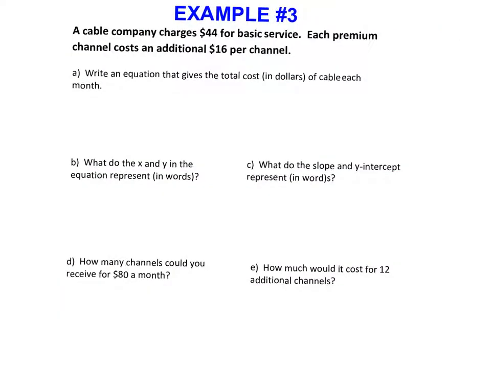Okay, so here in example 3, it says a cable company charges $44 for basic service. Each premium channel then costs an additional $16 per channel. So if I start by determining what I currently have in this problem, the word per tells me slope, so I know my slope is 16 over 1, or 16. And then from here, well, it doesn't seem like I have a point.